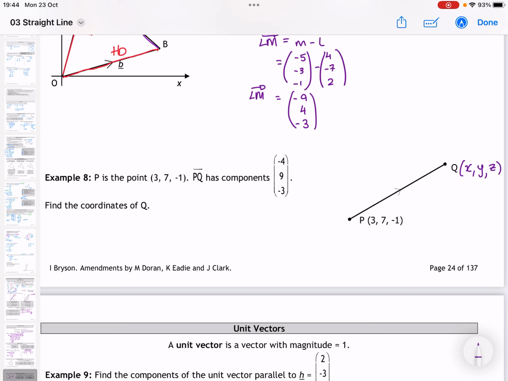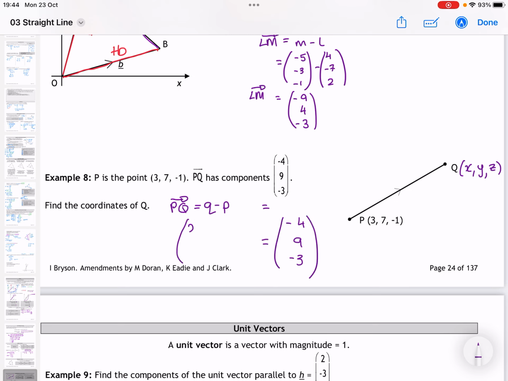That's how I think about things. And we know that PQ is the same as Q minus P. But we also know that that gives us minus 4, 9, minus 3.